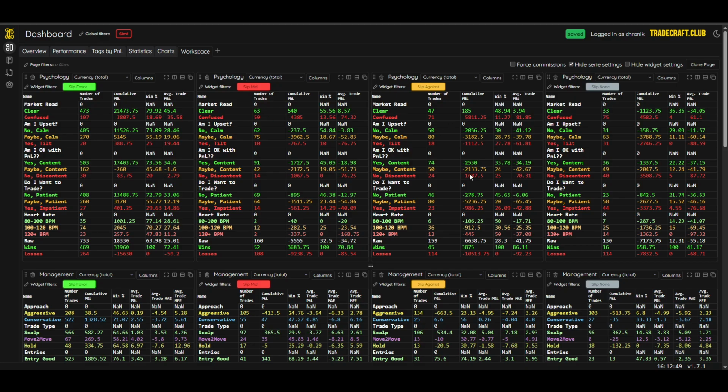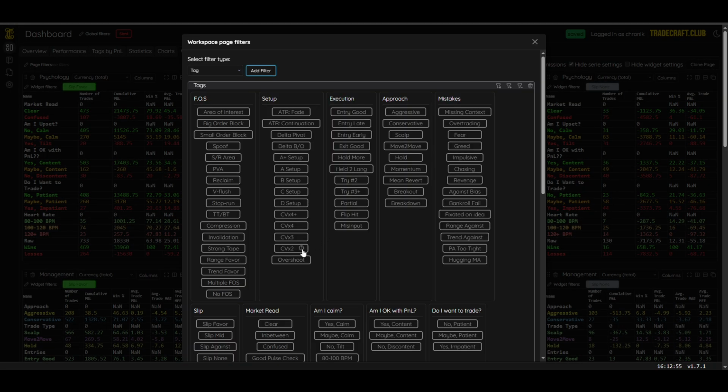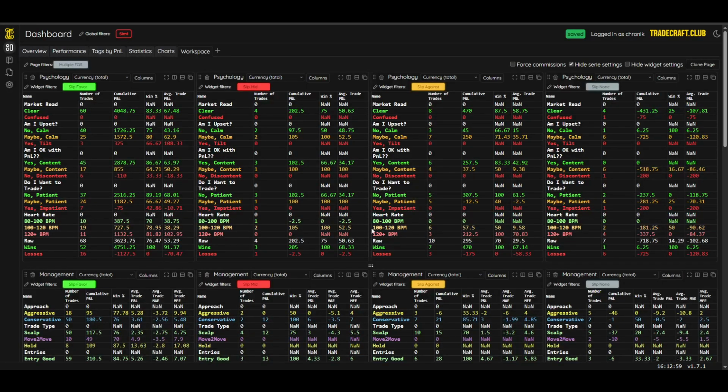Okay, I know you need to go. Just do a page filter real quick on factors of support. So this is multiple factors of support, which is good, obviously. We just need to look at the raws. You're way higher there.